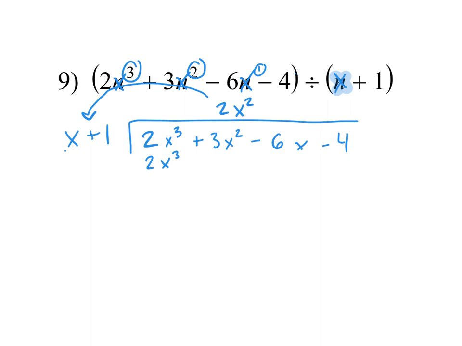What's 2x squared times 1? 2x squared. What do we do next? Change the sign. Add them together. What happens to our 2x cubes? Cancel. What is 3x squared minus 2x squared?